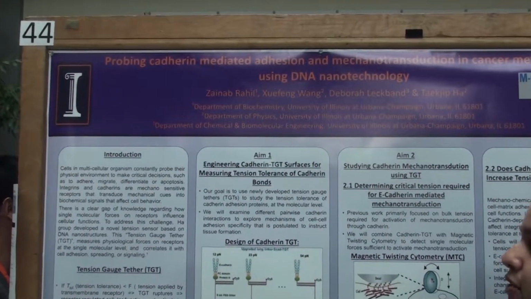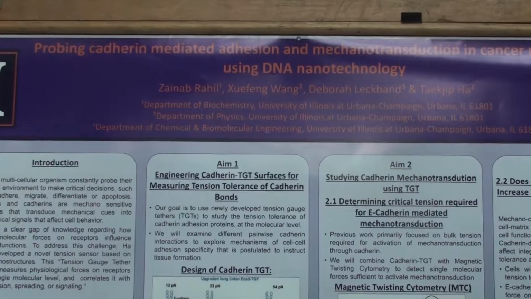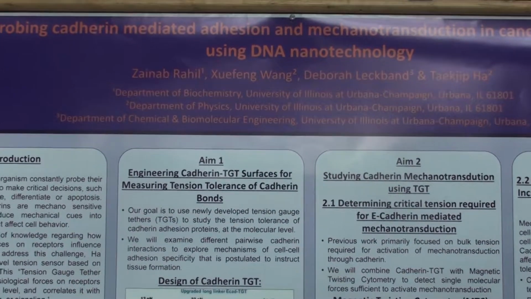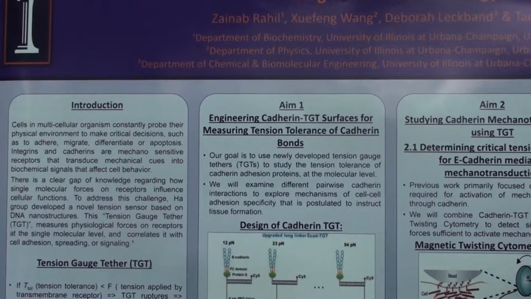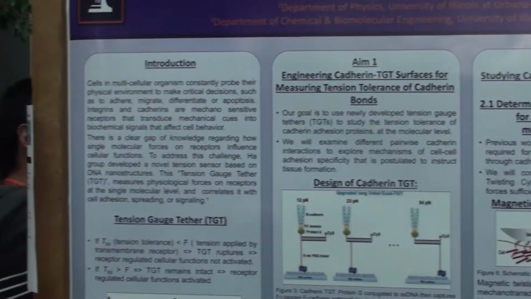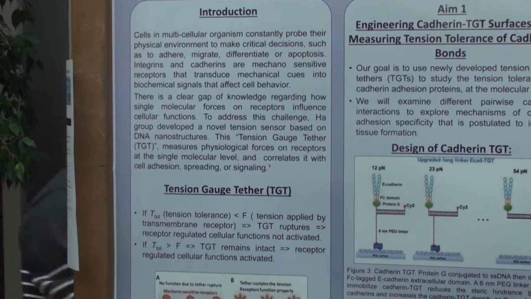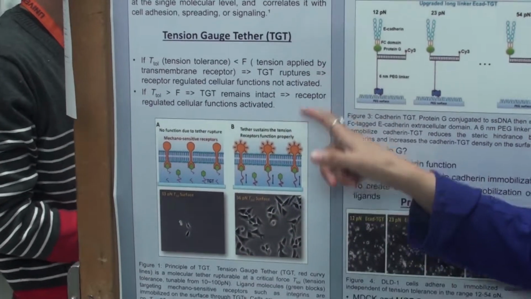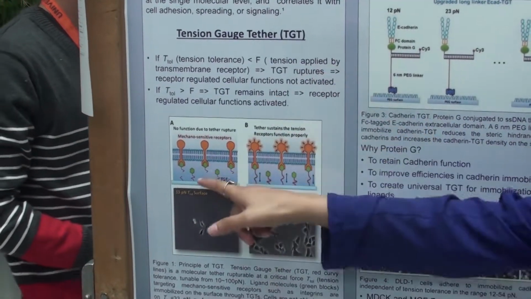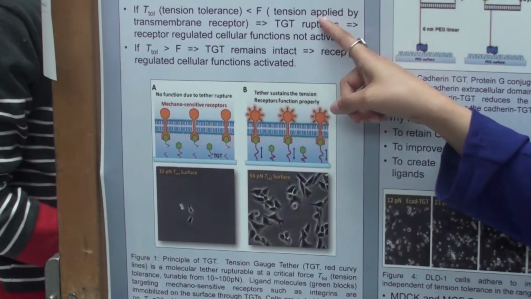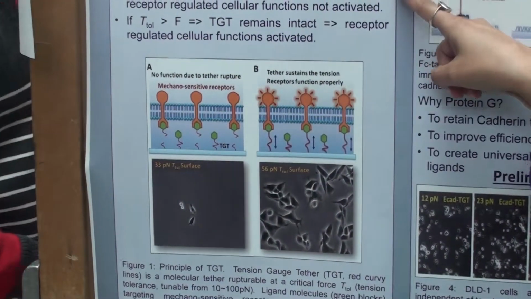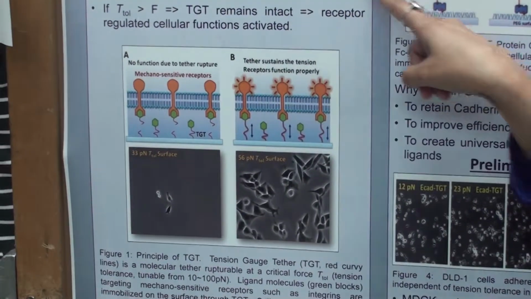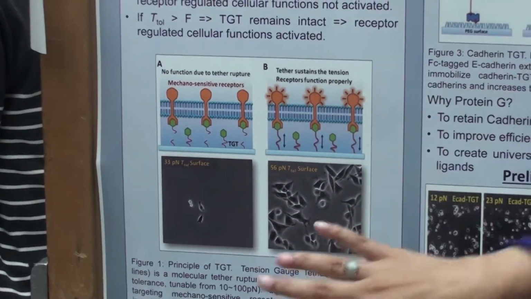To address this, recently Ha Lab developed novel DNA nanostructures, and we call them TGT, or tension gauge tether. How these work is that if the tension tolerance of this TGT is less than the force applied by the transmembrane receptor, the TGT ruptures, as it can be seen here, which directly or indirectly influences receptor-regulated cell functions.